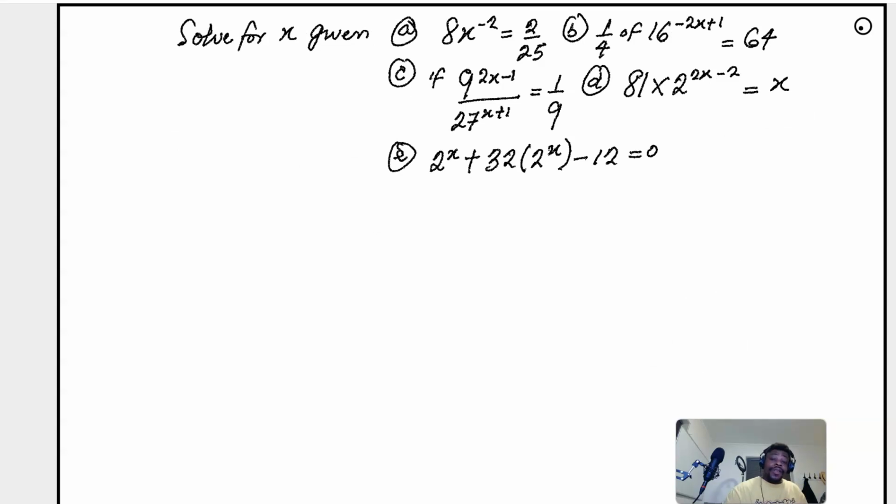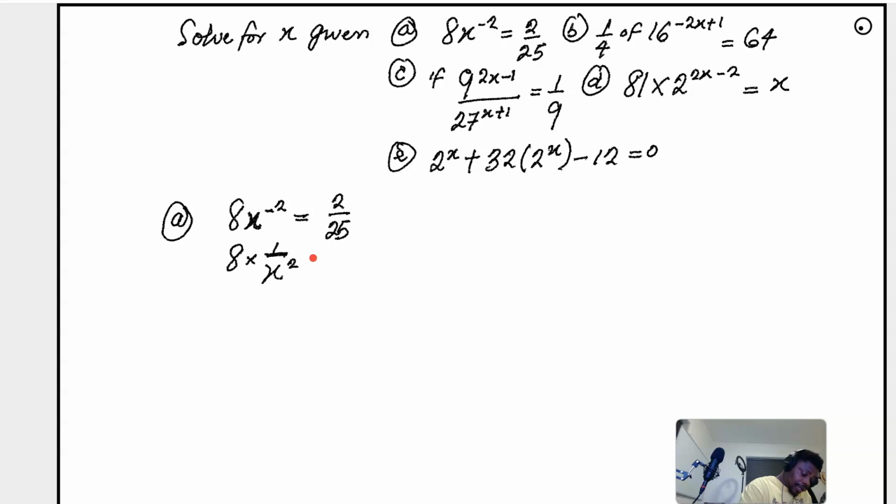Now let's solve these questions by looking for the value of x. A, 8x raised to minus 2 is equal to 2 over 25. Now, the first thing you need to understand here is that x raised to minus 2 means 1 over x squared.